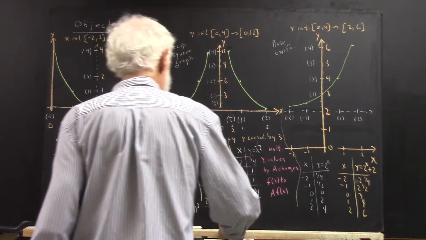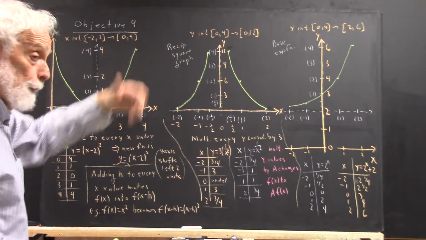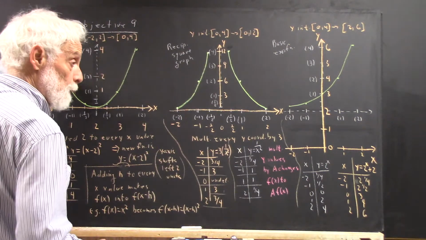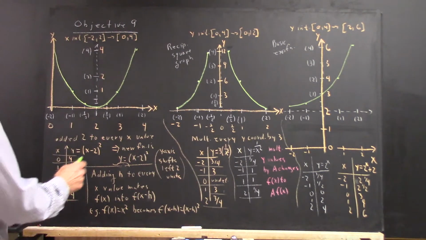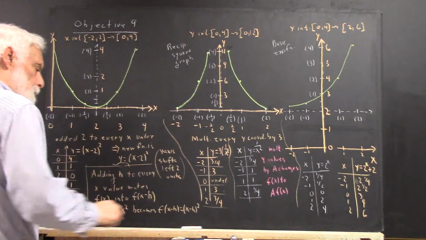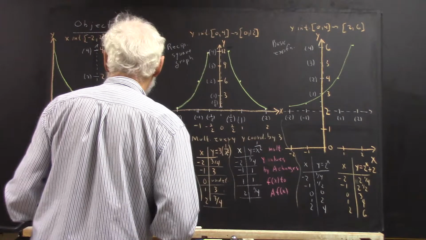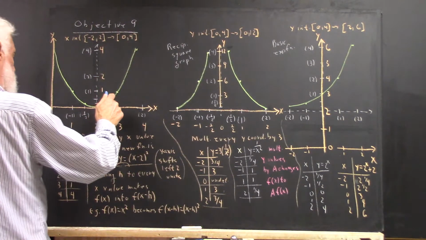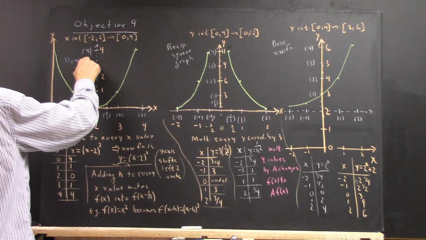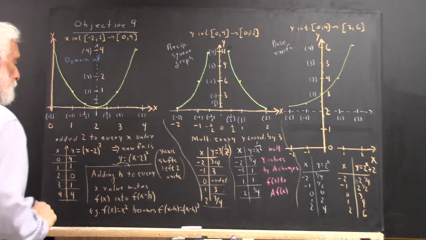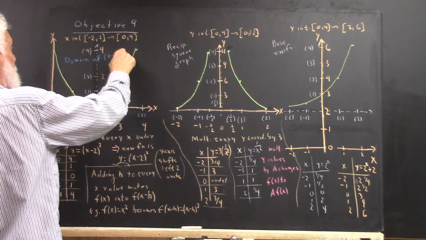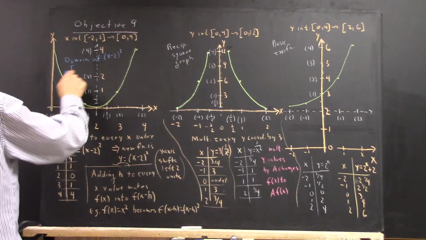Okay, well, part of objective 9 is also to give the domain and range of each relabeled function. So let's go back to this function. What's the domain of this function? Well, the domain of the relabeled function, which is the x minus 2 squared function, is 0 to 4.